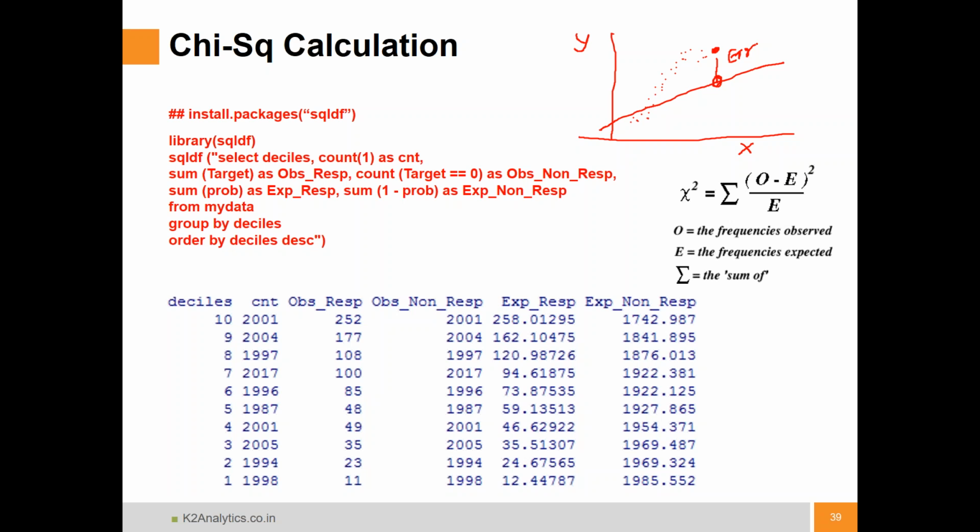We are trying to prove a hypothesis, validate a hypothesis. Null hypothesis is typically status quo. There is no relationship, there is no association. Y is not impacted by X.